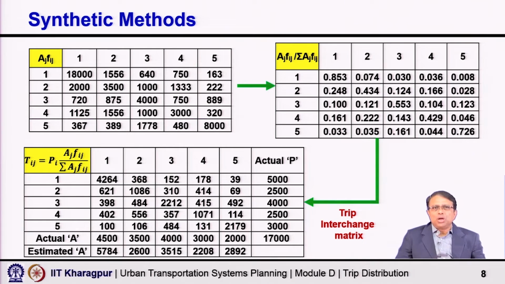Take zone 1 first. So, 1 to 1, 1 to 2, 1 to 3, 1 to 4, 1 to 5. All are Aj, meaning attraction of zone 1, attraction of zone 2, third cell attraction of zone 3, fourth cell attraction of zone 4, fifth cell attraction of zone 5. But then F11, F12, F13, F14, F15: how do we get these F values?